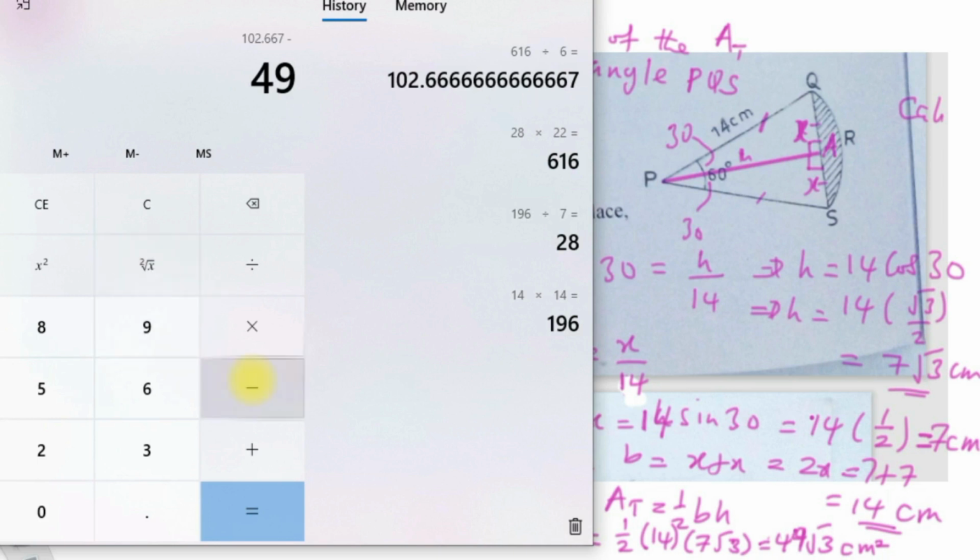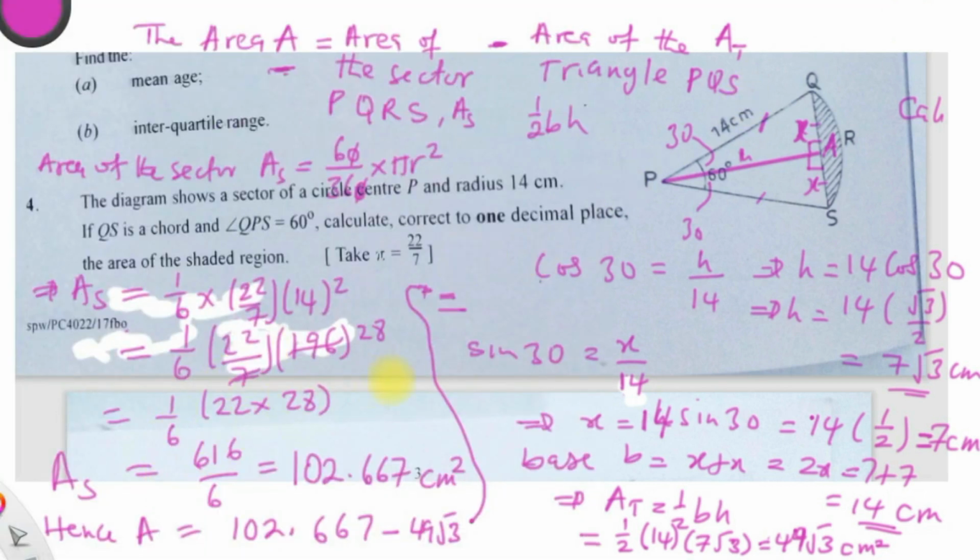Just a minute. This calculator is not giving me the square root sign. So we get 102.667 minus 49 root 3, which is 17.796. And the question is up to what?